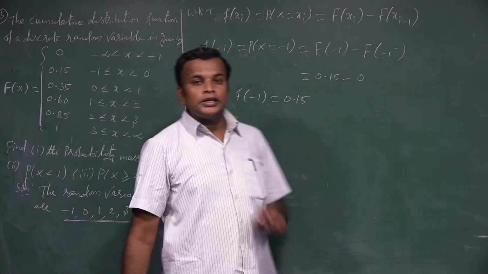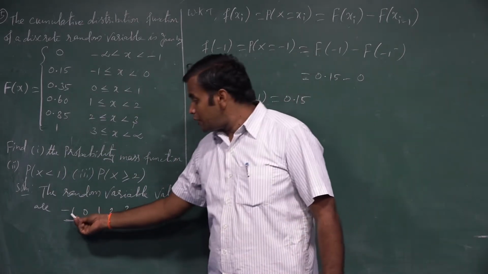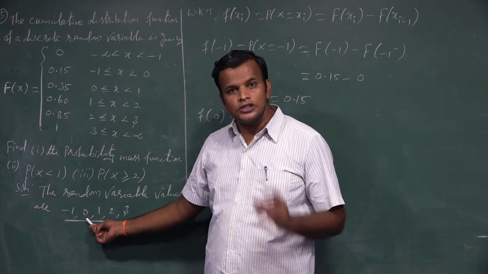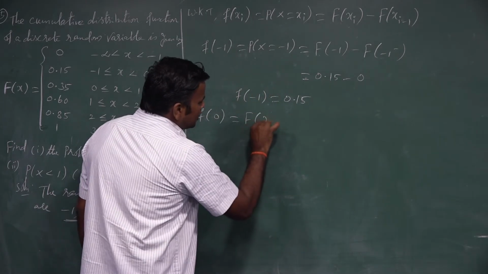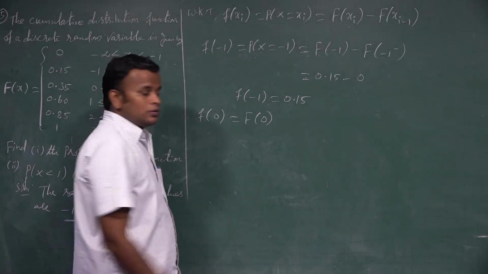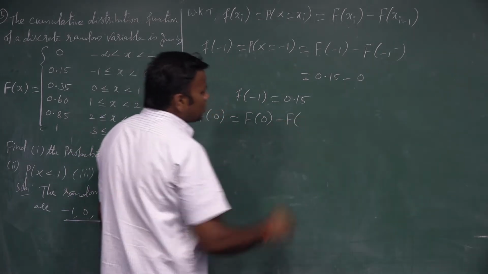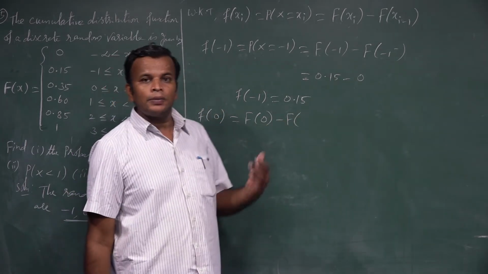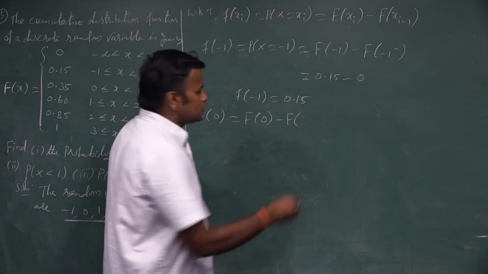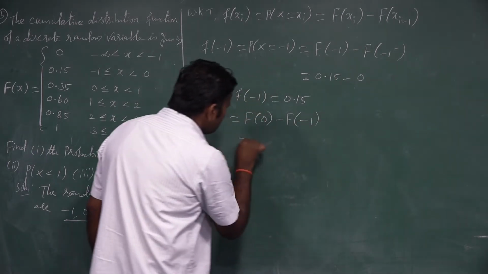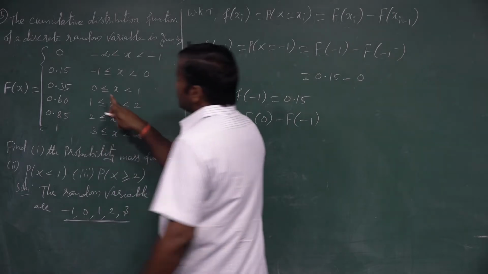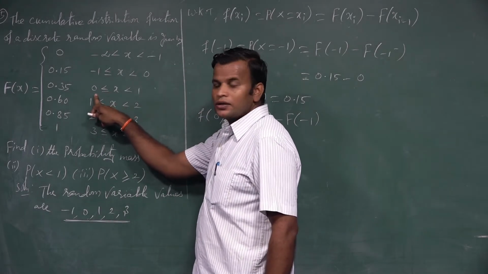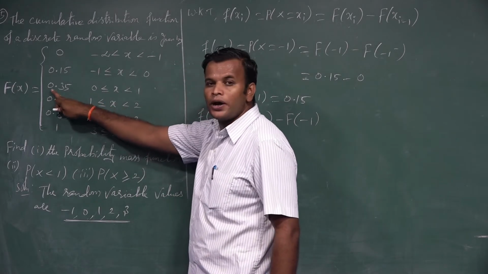Now the second value. After minus 1, the next random variable value is 0. So f of 0: the formula is capital letter F of 0 minus capital F of the previous value of 0. The previous value of 0 is minus 1. The value of F of 0 is defined as, when x is 0, 0.35.